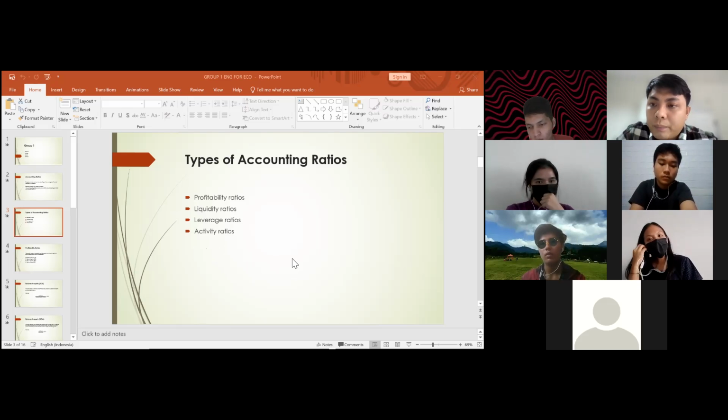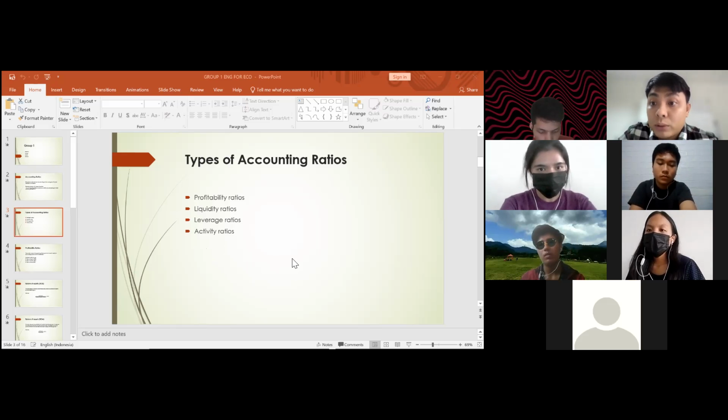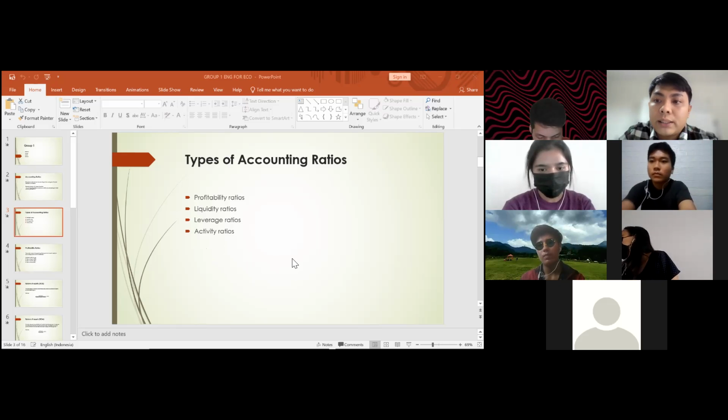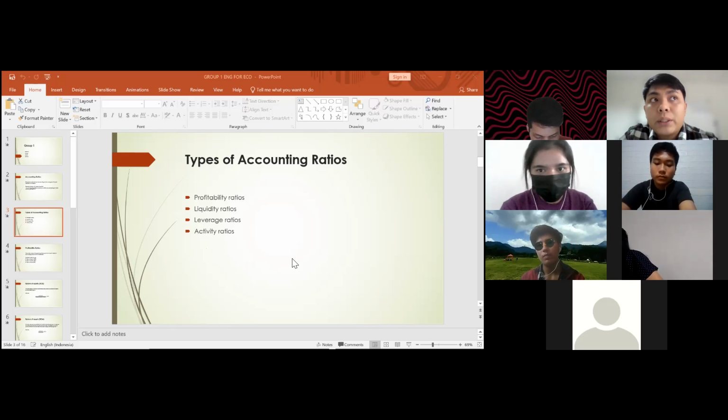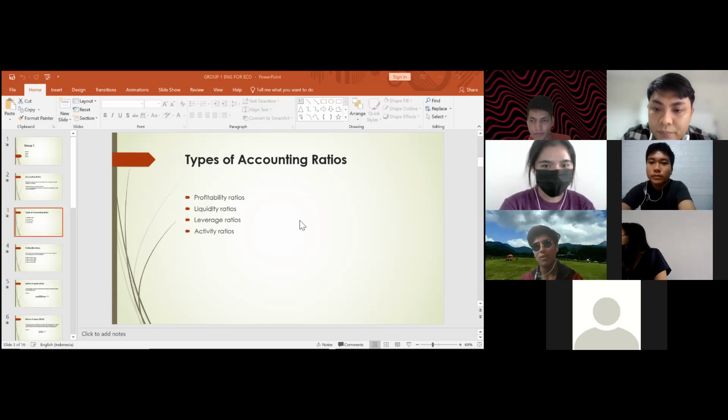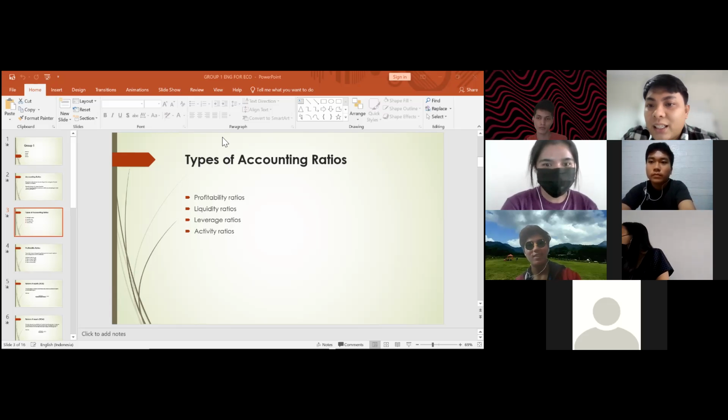Correct me if I'm wrong: all the ratios are important, but the activity ratio is essential because in this ratio we can know about operational activities, which means the day-to-day performance of that company. Is that what you want to say, Martin? Yes, sir. Oh, okay, thank you.